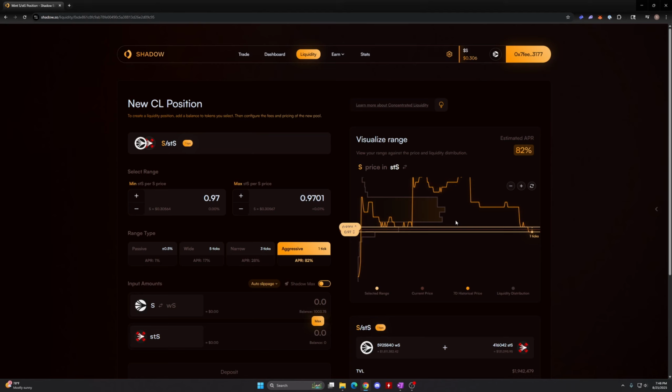I'm sure everyone's been there: you're trying to buy this new 100K cap coin or 50K cap coin. You want to put in $500. You got 30% slippage. You lose a crap ton of money. You get sandwiched. Yada yada yada. This is the improvement. This is the next level of that.